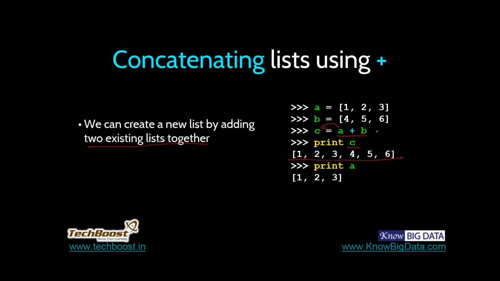C is a new list formed using concatenating numbers from A and B. So this tells us that we can use the concatenation operator for lists also.